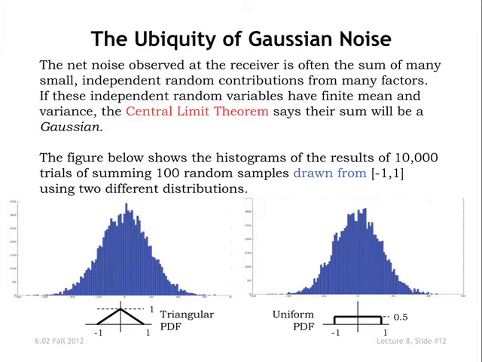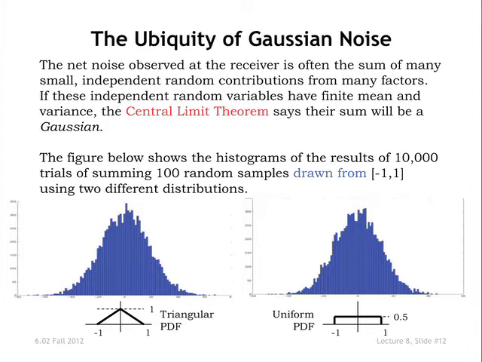Take a whole bunch of random variables generated according to that PDF. When I say generated according to that PDF, what I mean is that the probability that you get a value between any two limits is the area under that piece of the triangle. Generate a whole bunch of these and sum them together, and you find that the resulting histogram starts to look Gaussian.